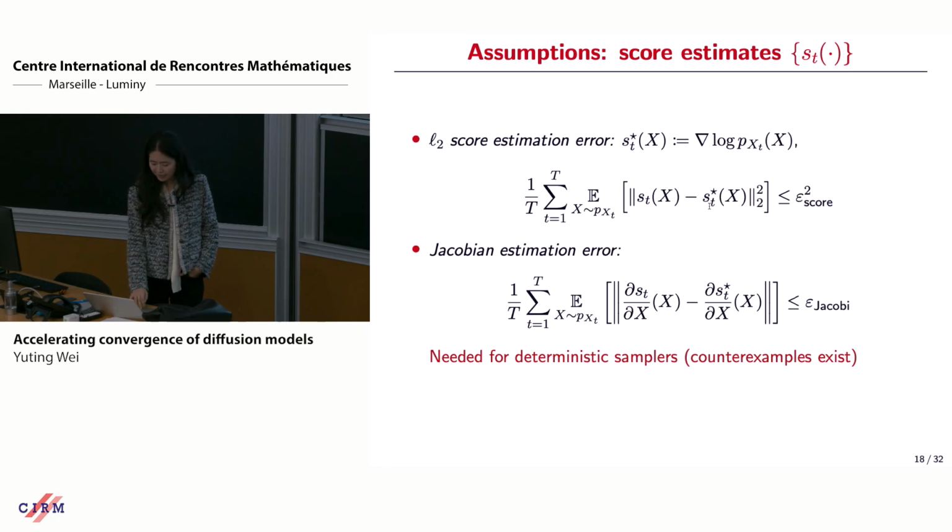We assume that the Jacobian of S_t is on average close to the Jacobian of the true score. This is not super nice, but this assumption constrains your score estimate so that it cannot be too crazy. It needs to be smooth somehow, it cannot wiggle too much. So those are two sets of assumptions, one on the target distribution and these two on the score estimate.